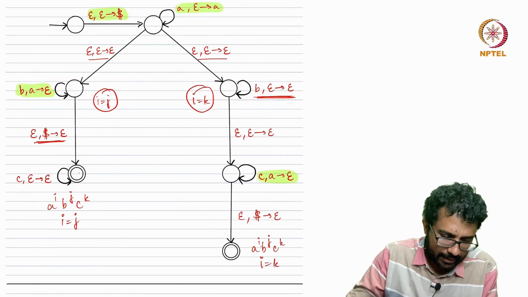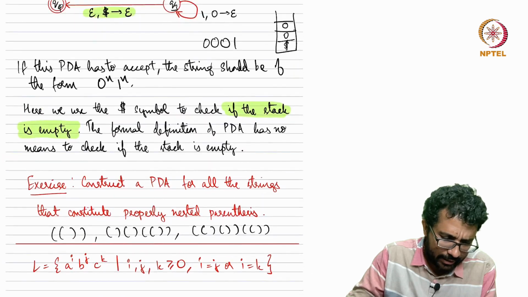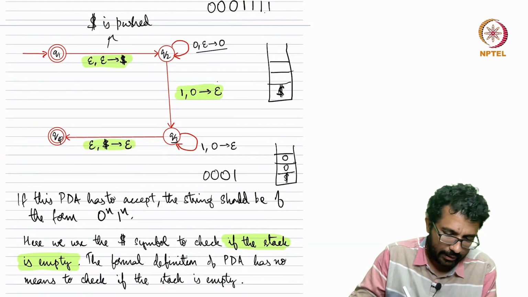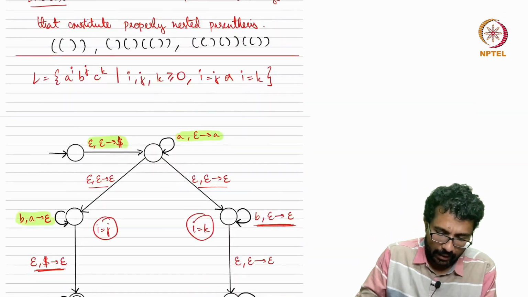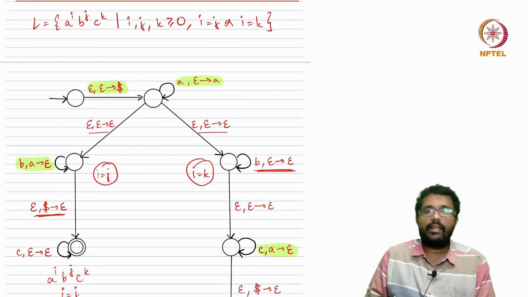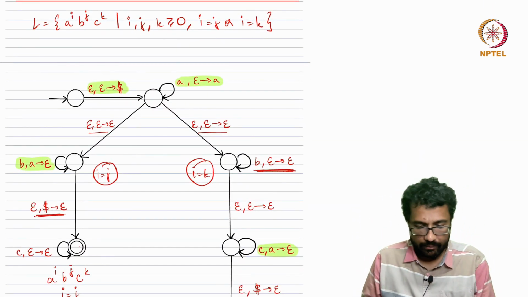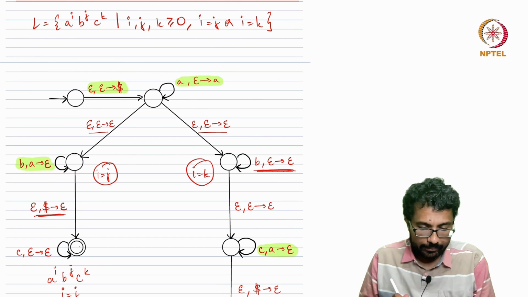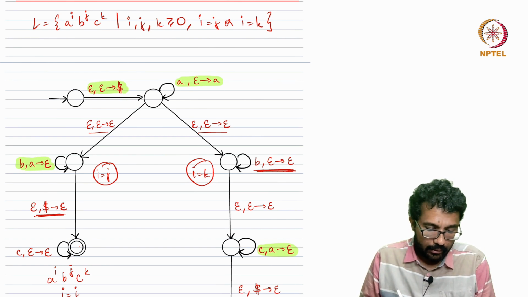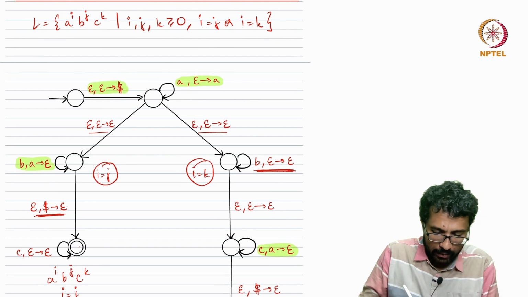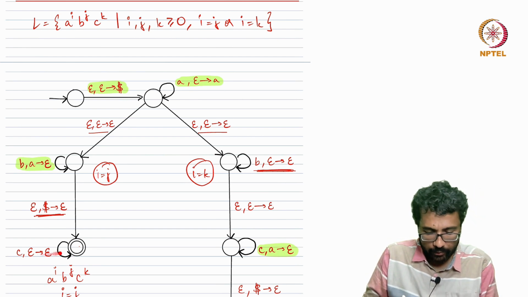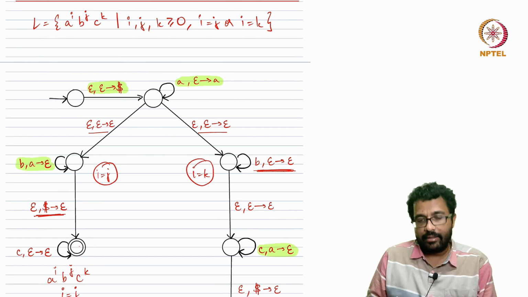So basically, it's exactly the same thing that we did here. But here we are matching. First thing is that we have a fork where we decide to check whether a is equal to b or a is equal to c. And the second thing is that when we are checking a equal to b, we have to add the self loop for c where it does not touch the stack.